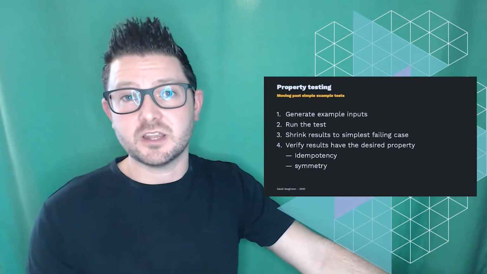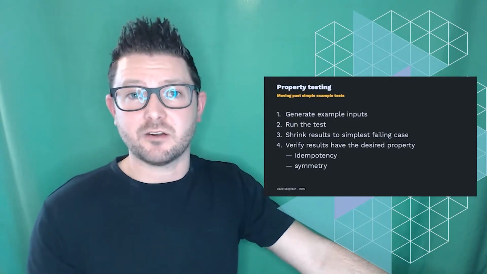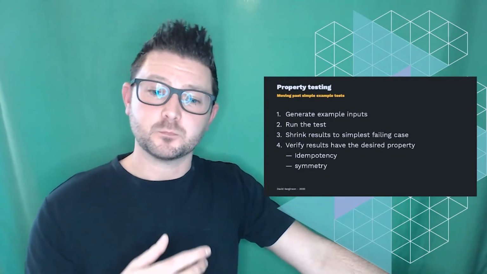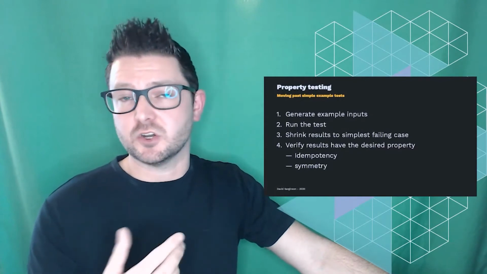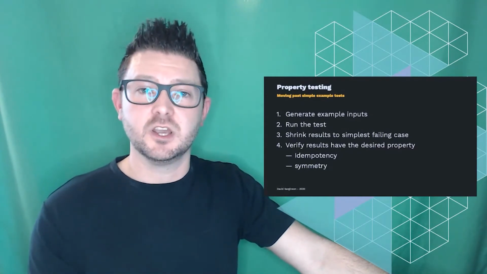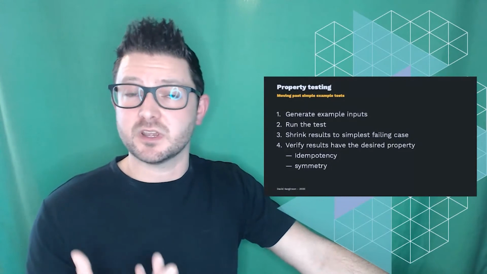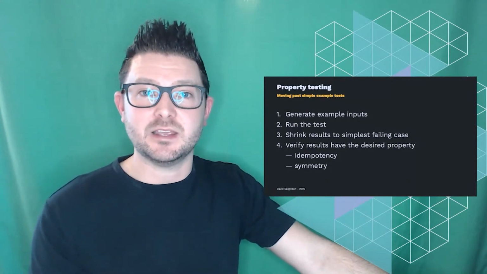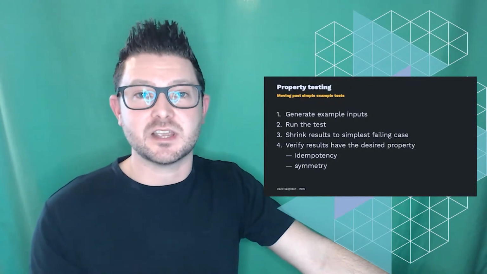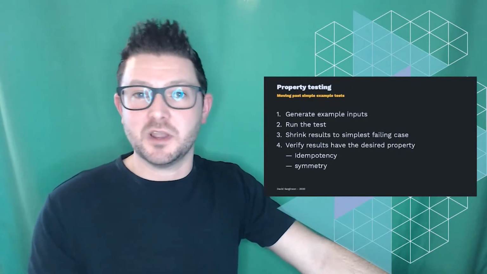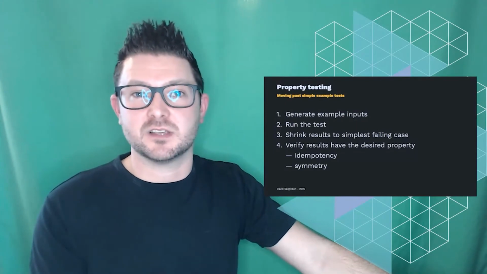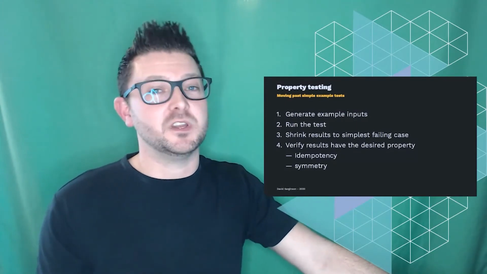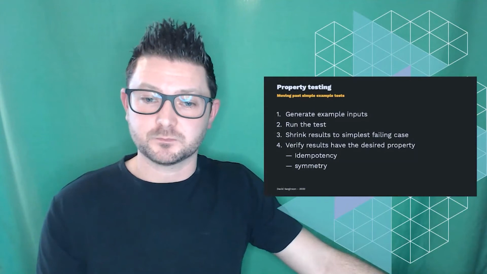So, you know, Chinese characters, non-printing characters, all of those kind of things. If that's an incredibly complex 100-character string that fails, what my property testing framework can do is shrink that input by constantly trying a simpler input to see if it still returns the same error. And what I get back might be a string of 2 characters that makes the test fail, which is then much easier for me to start debugging what the problem was.